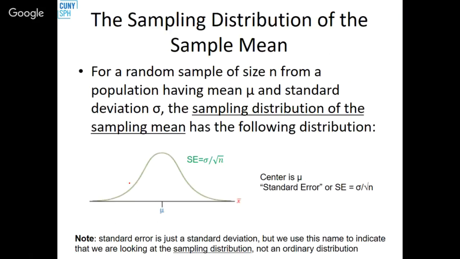That was the third part of the central limit theorem. Then we know everything about this sampling distribution. We know the mean, it's the same as the population mean, and we know the standard deviation, which, as long as we know the population standard deviation, is given by this formula.